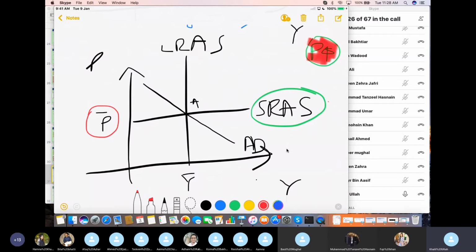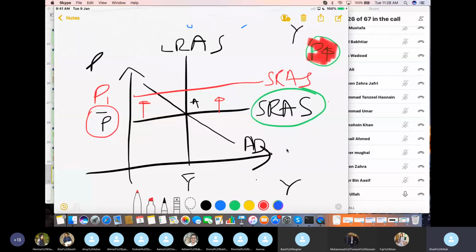When price levels start to go up, this short-run aggregate supply moves up, because now everything in the economy starts to become more expensive. And now everything is a little more expensive. It's at P1. Understand this one thing here. Okay, this curve moving upwards does not mean that the prices have become flexible.